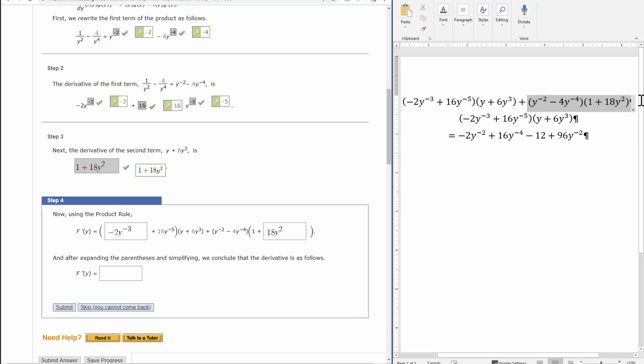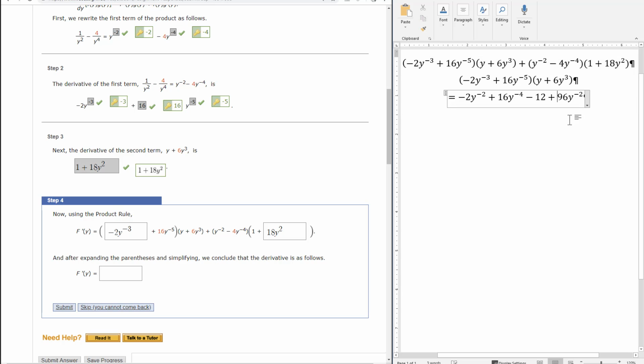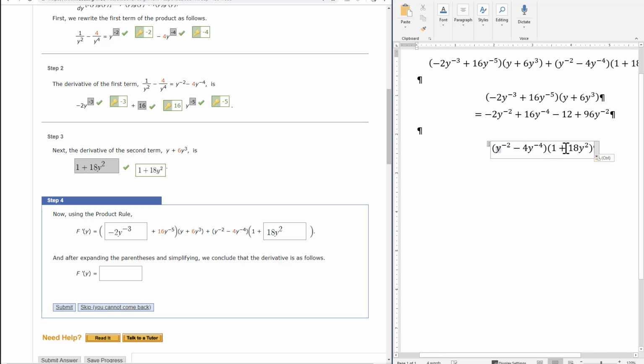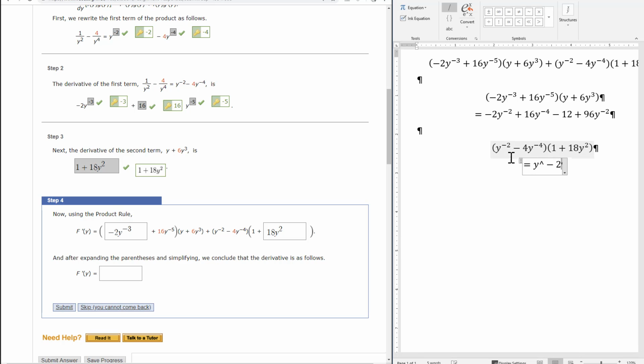Now let's take a look at the second term and multiply that. So when we multiply this, it looks like it's just going to be y to the -2 as the first term, minus 4y to the -4. That's our second term. So that's the first factor being multiplied by 1, and now we're going to multiply everything by 18y squared.